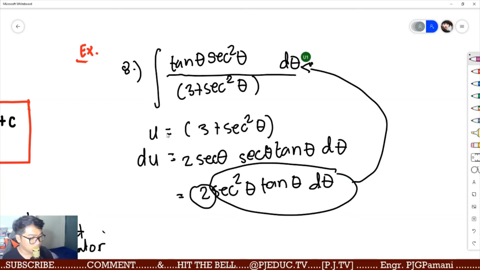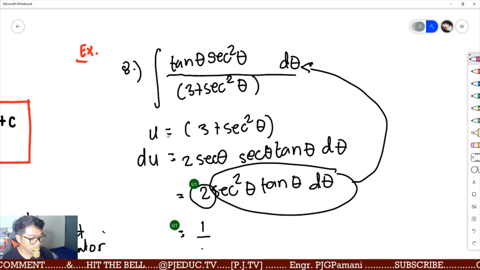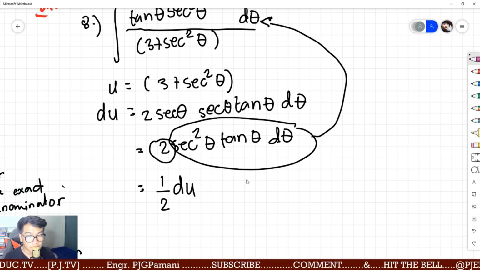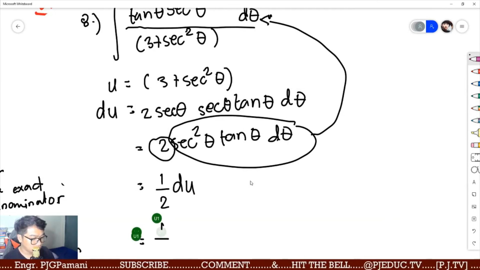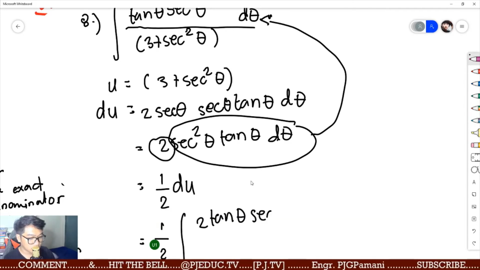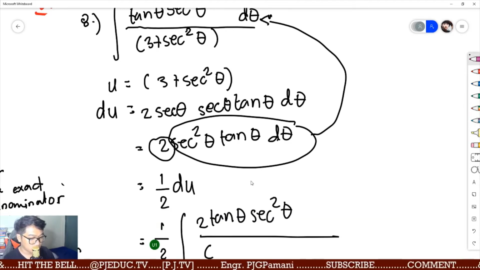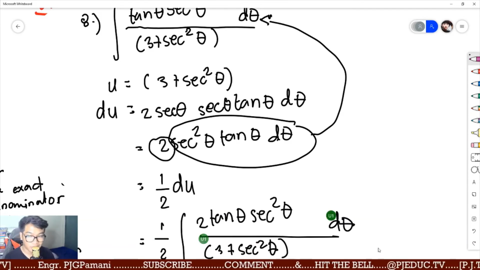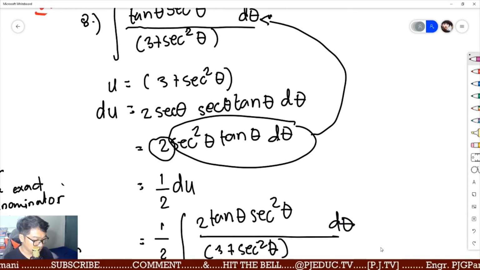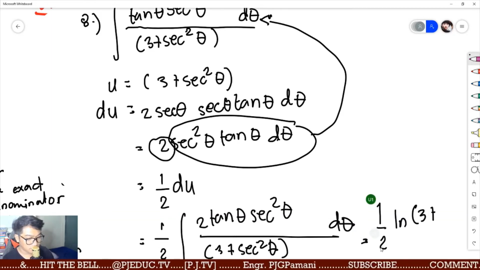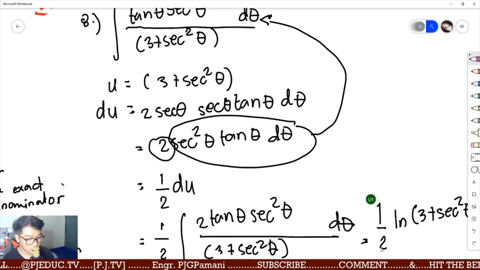Pero wala tayo nung 2, so we'll have to introduce a correcting factor of 1/2. With that said, 1/2 integral of 2 tangent theta secant squared theta over 3 plus secant squared theta d theta, which is basically equal now to 1/2 ln 3 plus secant squared theta plus your integration constant.